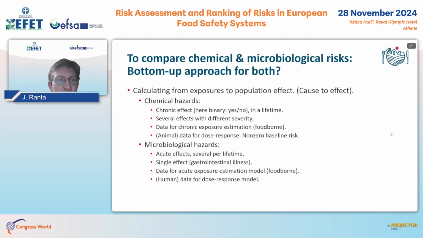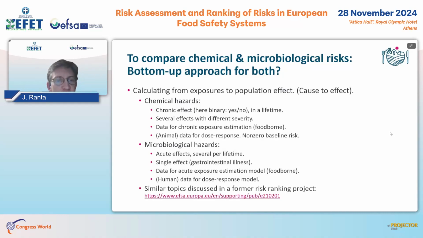But in the same way, we need the same kind of data for exposure estimation: again, some food diary data and concentration data from those foods for the hazards. But usually, on the microbiological side, the dose response model could be directly from human studies, could be experimental, could be outbreak data or something like that.